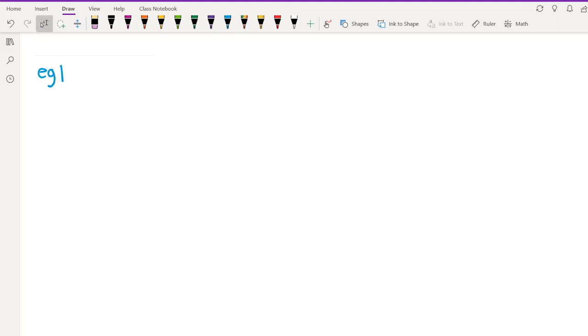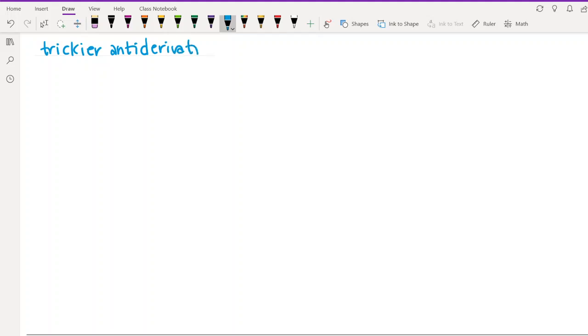So maybe I'll label this: these are trickier antiderivatives. And we'll see that when you get to 152, Calculus 2, there's going to be a more concrete way of dealing with these types of functions, but I really think that guess and check is a good way to get comfortable with these functions.